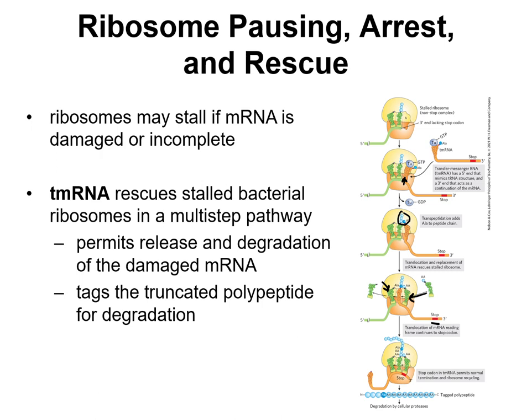So the process makes a protein that is tagged for degradation so that it doesn't go out there and mess up some other stuff, interacting with something it's not supposed to interact with, what have you. But this is a way to rescue those ribosomes and allow them to keep working and being productive versus just getting stuck forever and waiting for something else to happen.